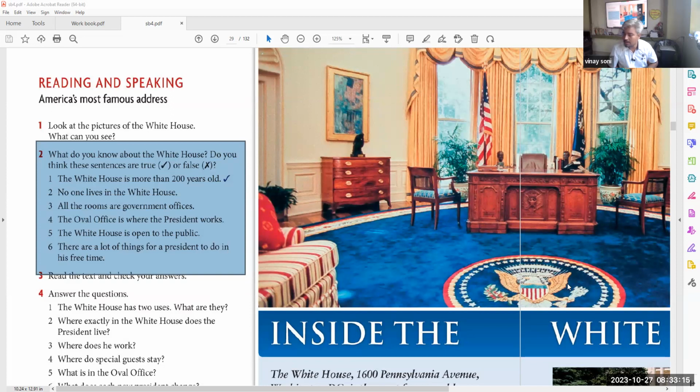Is this true or not true? Okay, you guys don't know, no idea. Make a guess. I think this is true. I think the Oval Office is where the president works. No, sir, I don't think this is true. The Oval Office is not where the president works.